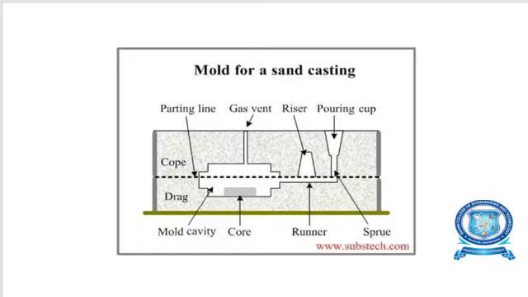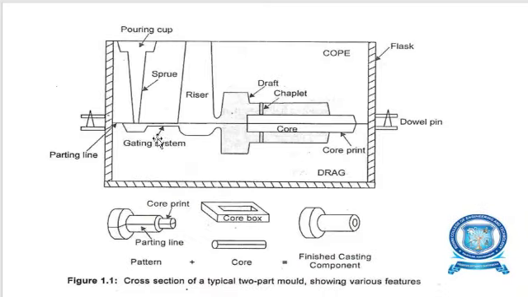This is a schematic diagram of sand mold casting. This is our sand casting image, and this is the pattern, like a split pattern, and next one is a core box for preparing the core, and finally we get the finished casting component like this structure.